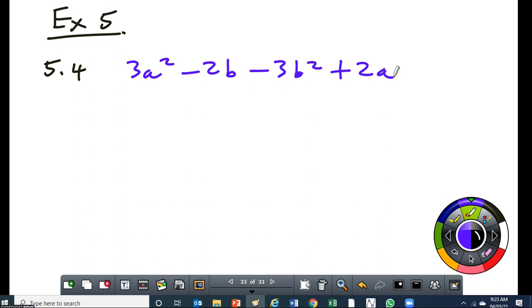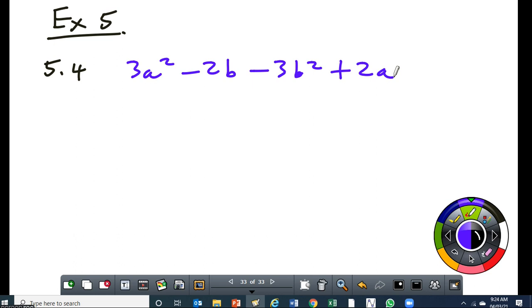Now I want you to be aware that sometimes you may need to rearrange the terms so that you can factorize by a common factor first, and then you carry on after that. So for this question, if you look at the first two terms, do we have a common factor? No. The moment the answer is a no, it means you need to rearrange the terms.